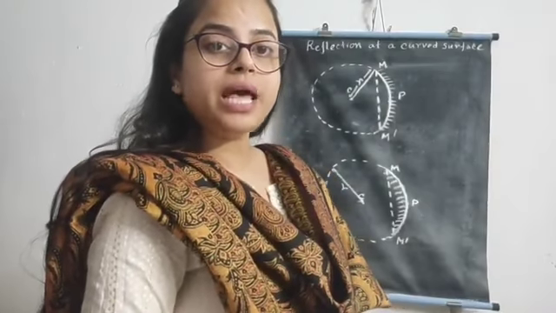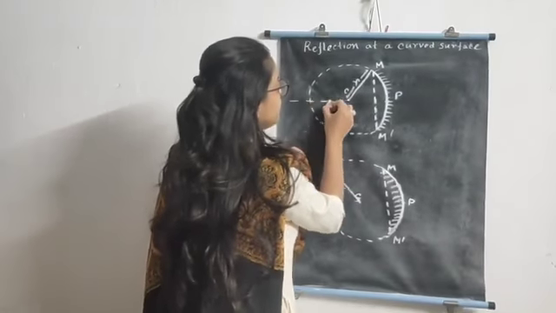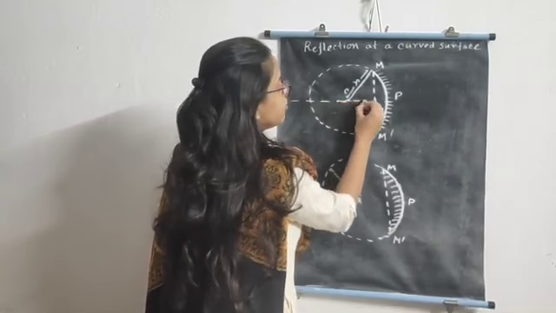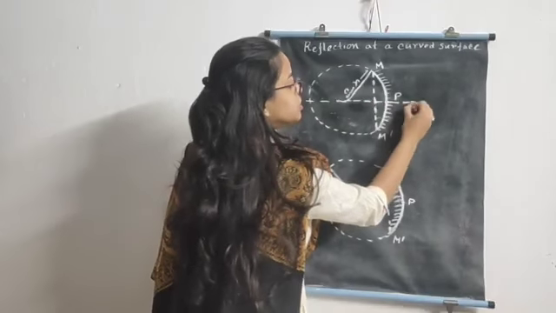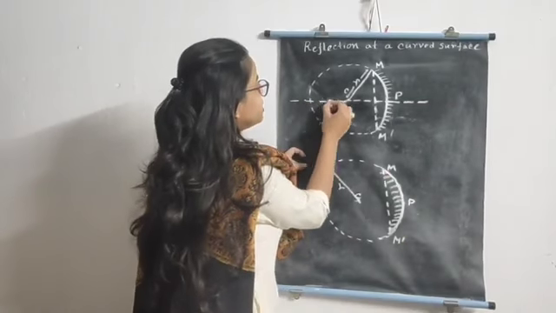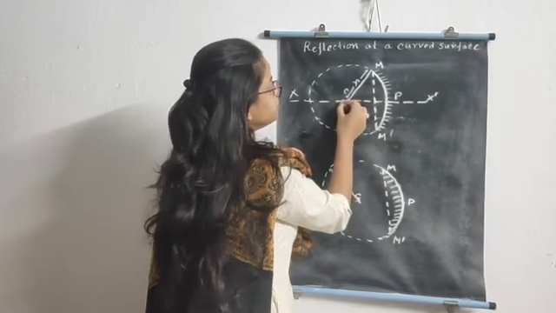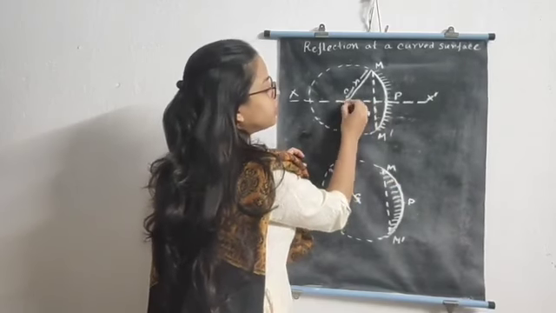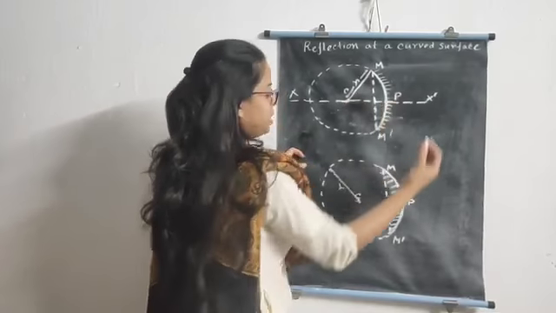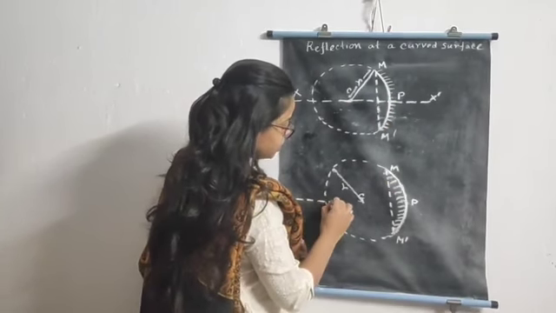Now, what is principal axis? Here, the line passing through the center of curvature and the pole is known as the principal axis. From the picture, we can see that this line X dash is passing through the point center of curvature C and the pole P. In the second picture, we can draw it like this.